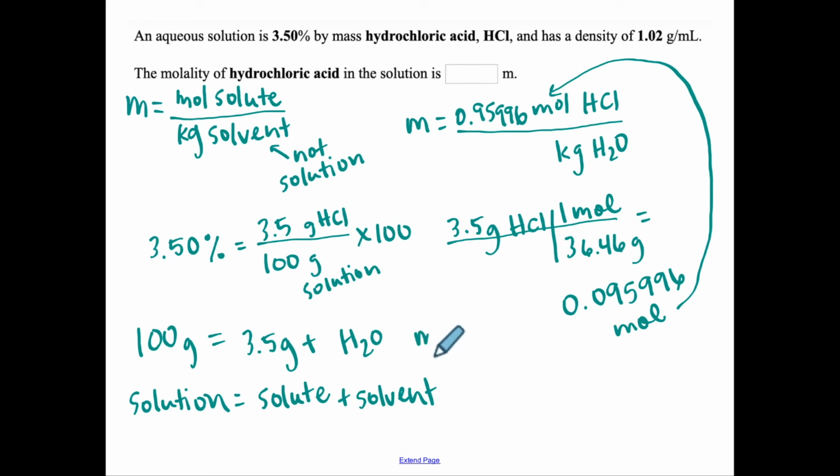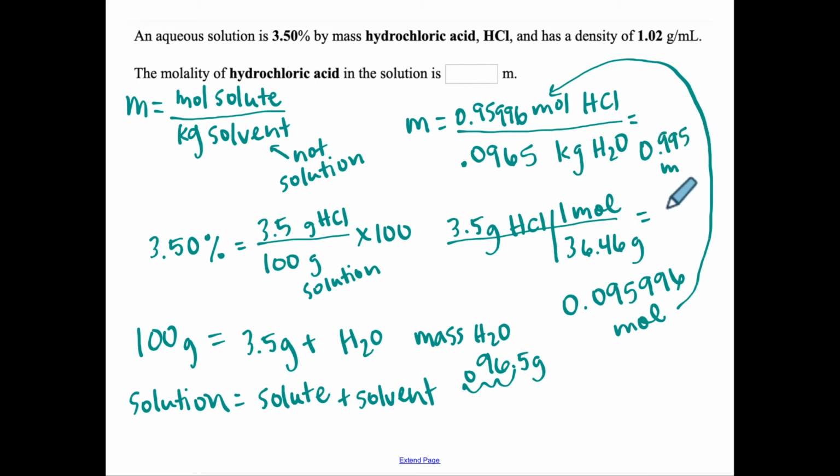So the mass of the water in this case is 96.5 grams. Now up here we want to have kilograms, so we slide the decimal. We get 0.0965 kilograms of water. And then when we type this in, we get a molality of 0.995. Little m for molality, and HCl is our substance.